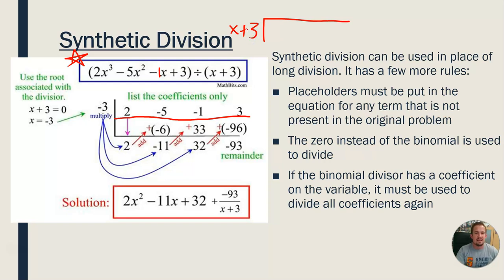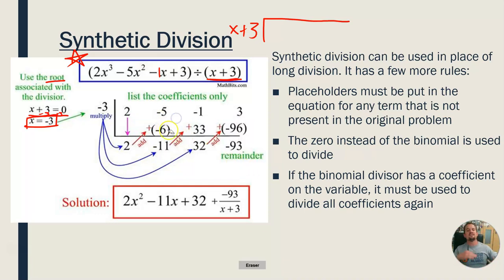Well, instead of writing the whole divisor, I'm going to set that divisor equal to 0 and use the root or the solution associated with that divisor. So when I set x plus 3 equal to 0, I subtract 3 on both sides, and I get x equals negative 3. That's what I'm going to put out here in front of my synthetic division symbol.